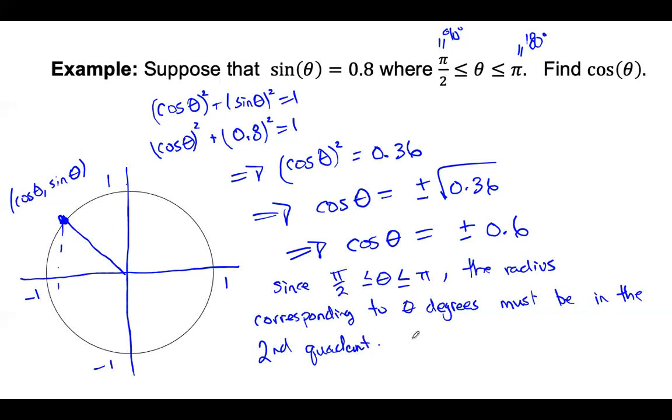So therefore, we know what it is. From the unit circle, we see that the cosine is obviously going to be negative.